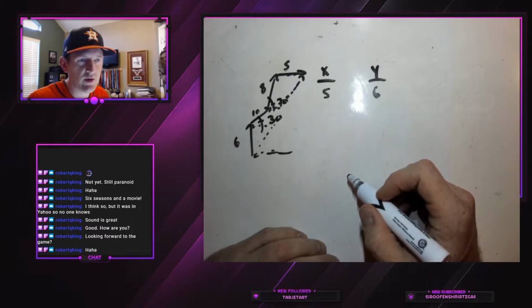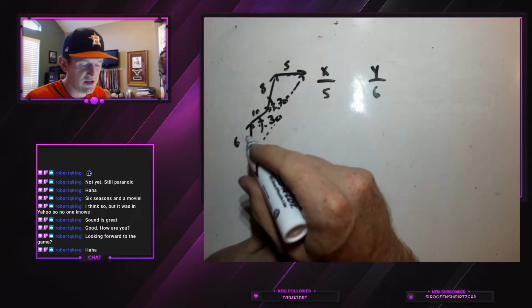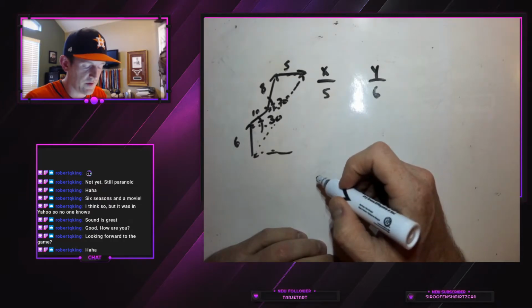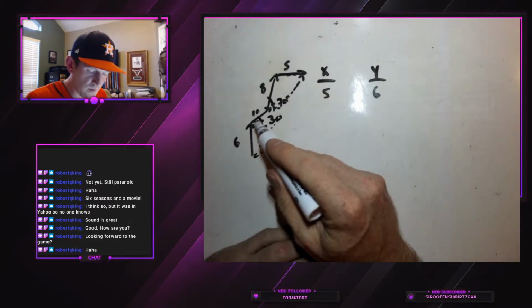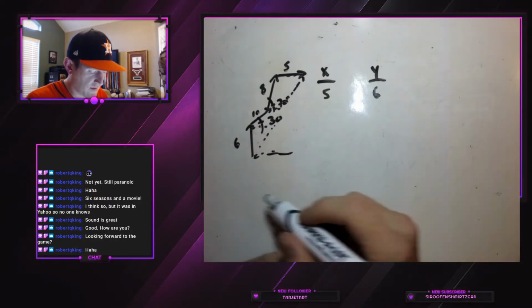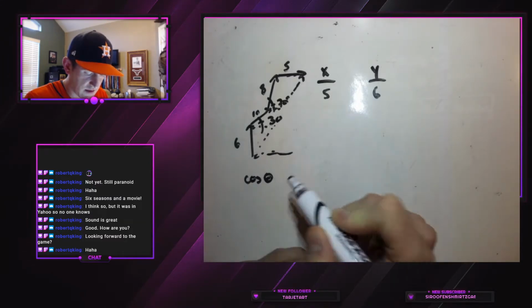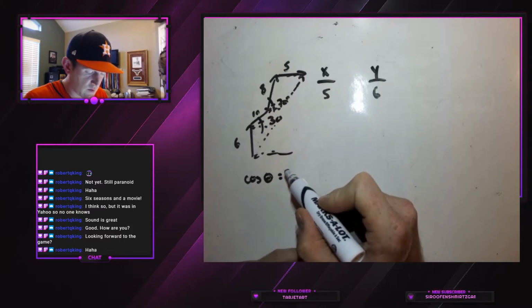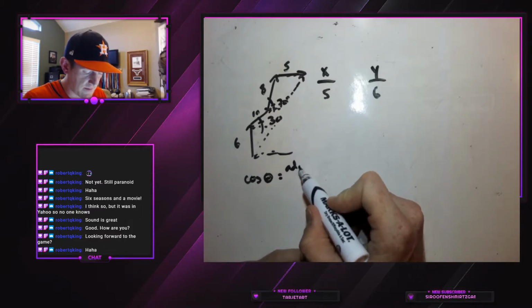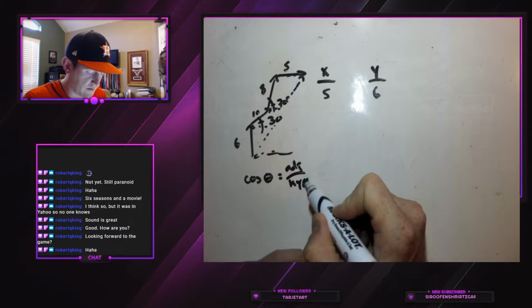Okay. Now we have to figure out the x and y components of each of these two additional vectors. Okay. Let's start with this guy down here. Now, the way we define the cosine of an angle is equal to the adjacent side over the hypotenuse.